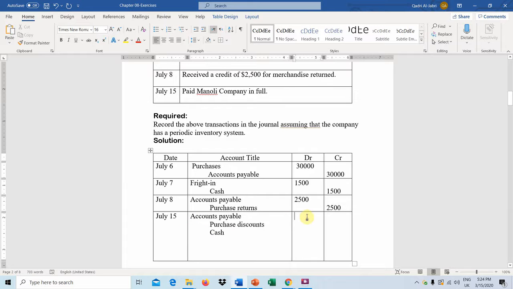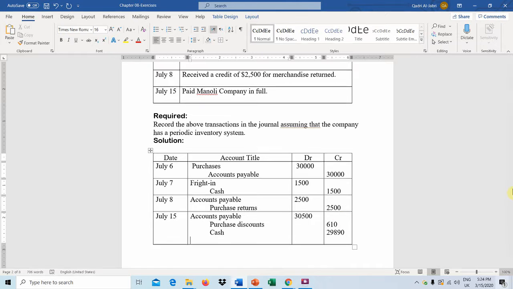So accounts payable will be debited by 30,500, purchase discounts will be 610, and finally cash will be 29,890.